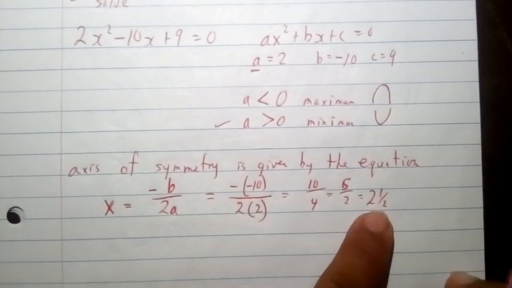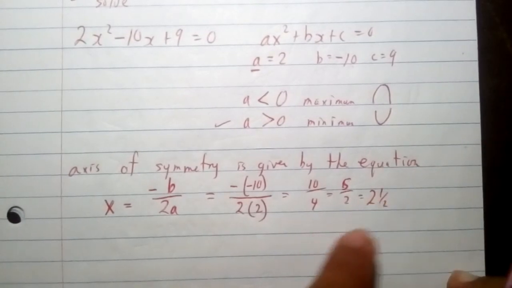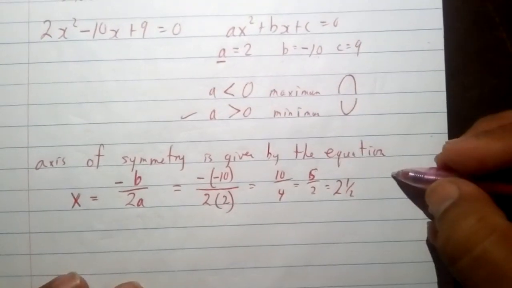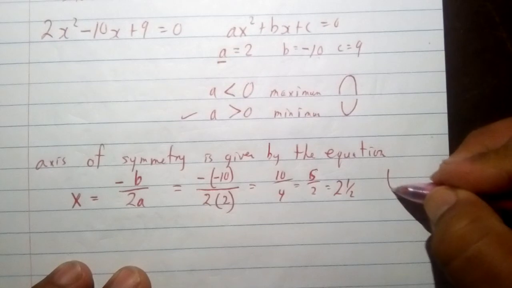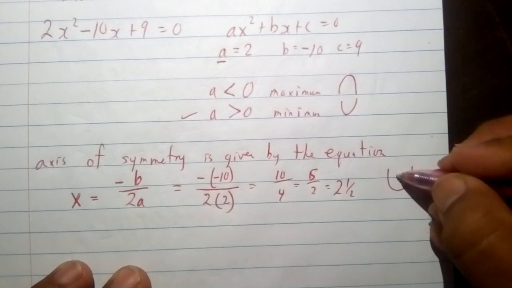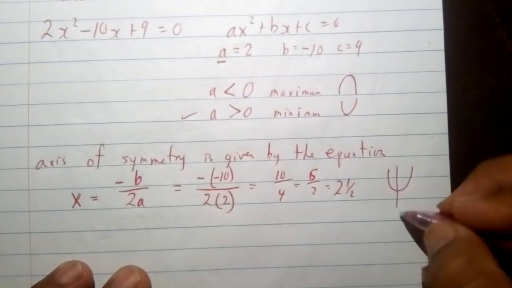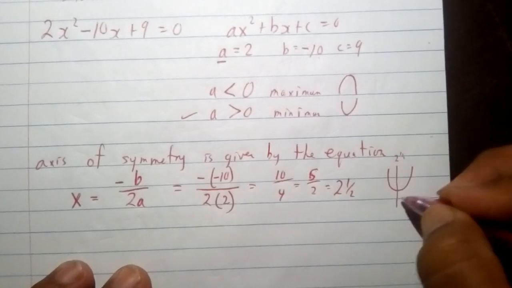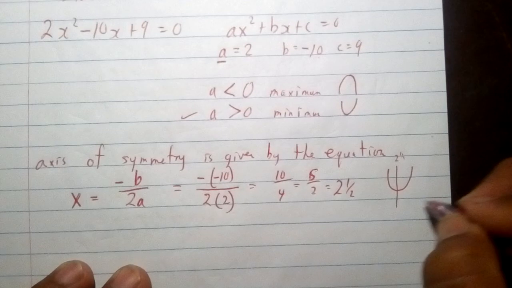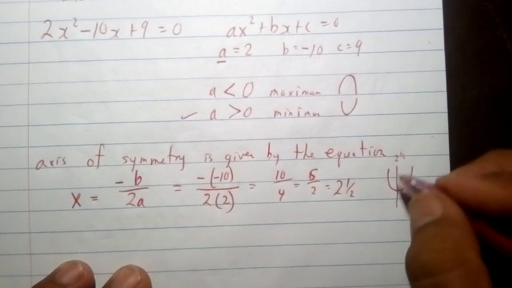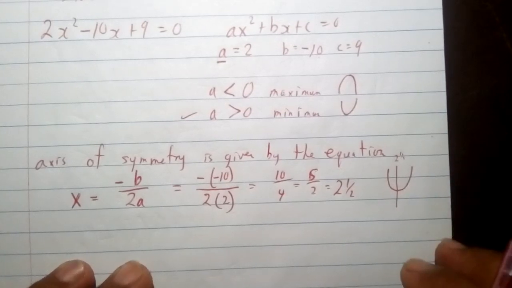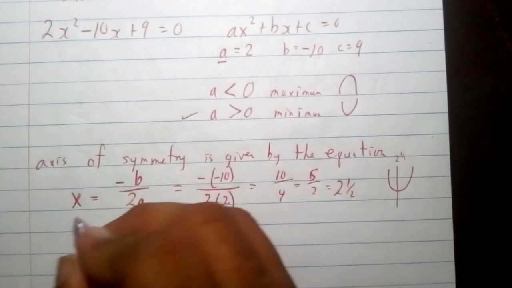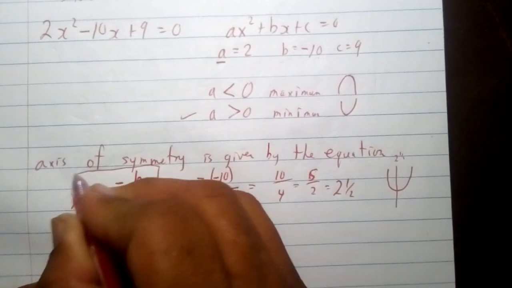This is the point where we have the axis of symmetry, which means that the curve in this case will be this way, and the 2.5 is right here. This is the 2.5 on the x-axis. All right, so that's for the axis of symmetry. So we have acquired the axis of symmetry equation, which is this one here. Very important, make sure to take that note.